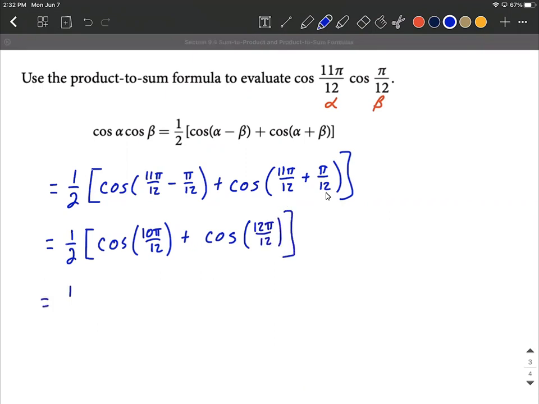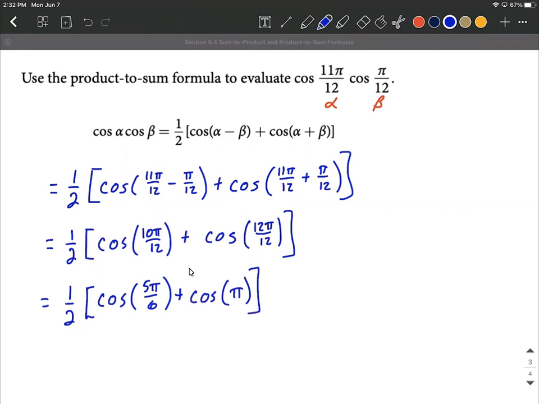Let's see what other reducing down we can do. We can go ahead and say, well, that's cosine of 5 pi over 6 is equivalent to our 10 pi over 12, just reducing down multiples of 2 numerator and denominator. Plus, when we have 12 over 12, that's equivalent to 1. So we can say that's equivalent to 1 pi on the inside of that cosine.